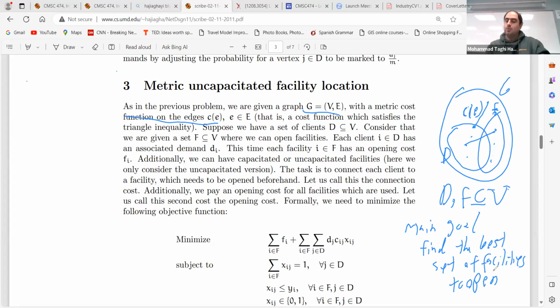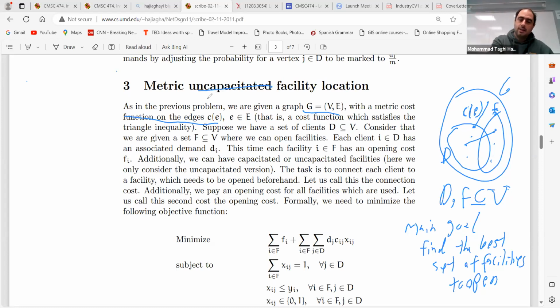And again, when you know which facilities you want to open, then the clients know to which facility they should go. They always go to the one that is closest to them. And there are no capacities for facilities, so we can solve the uncapacitated facility location with a constant factor approximation.